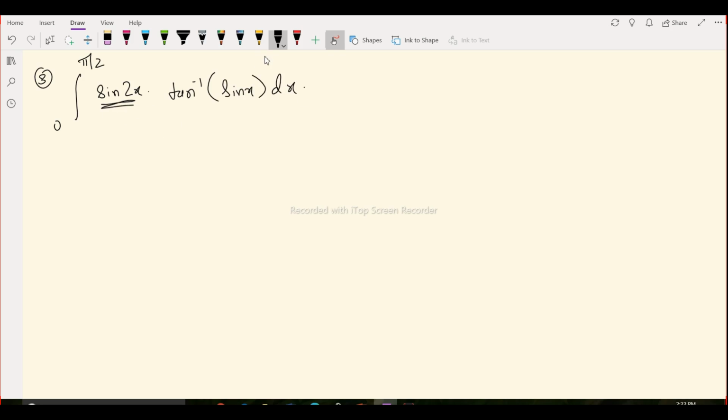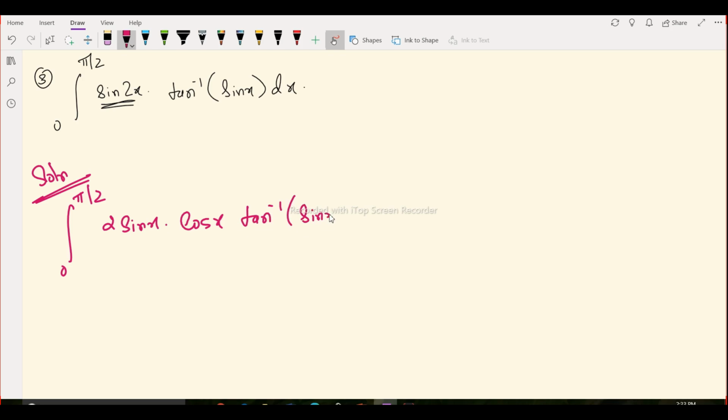For sine 2x, I can write sine 2x as 2 sine x cos x, times tan inverse sin x dx. Now I can easily put sin x as t.